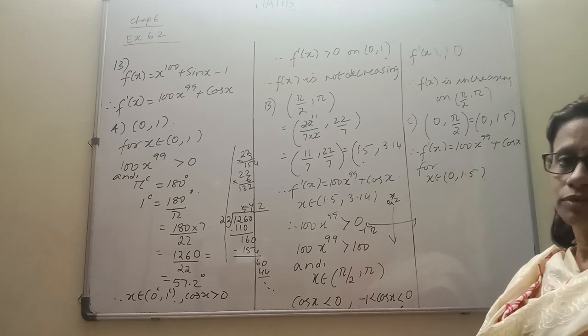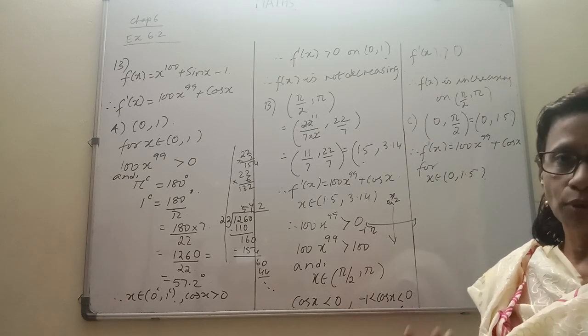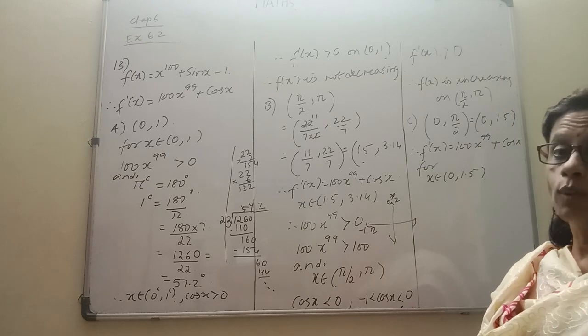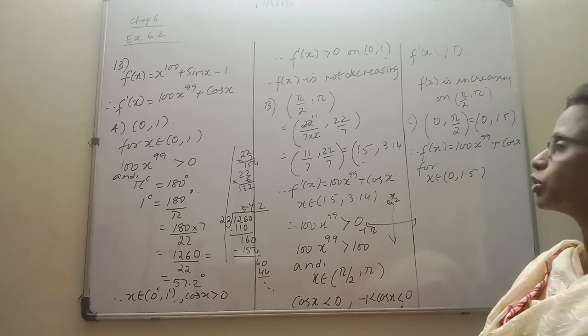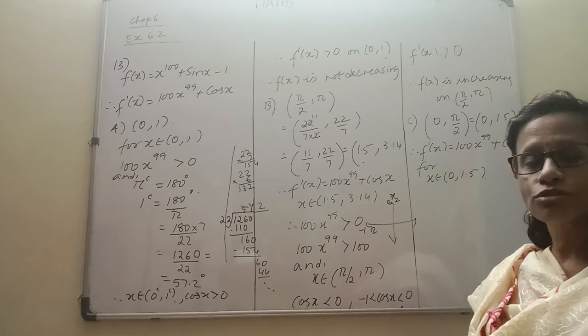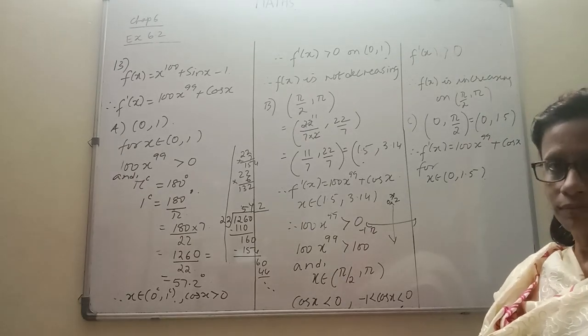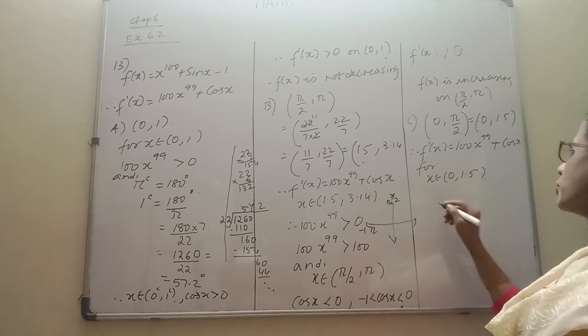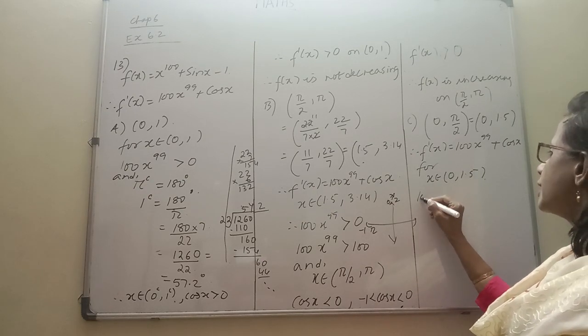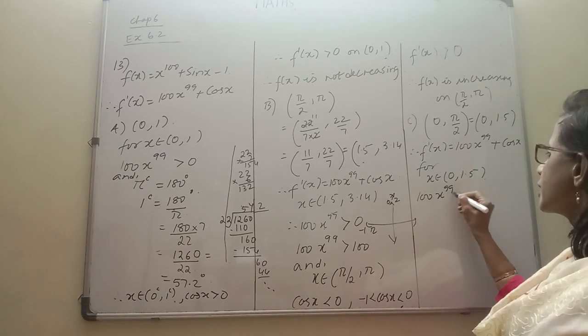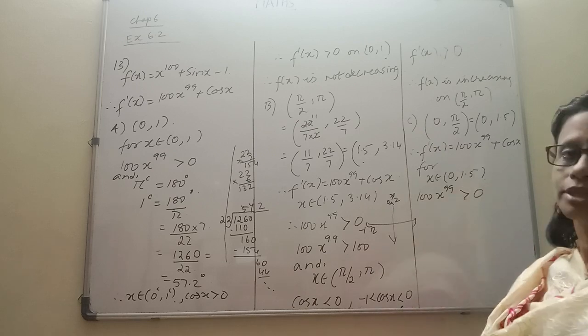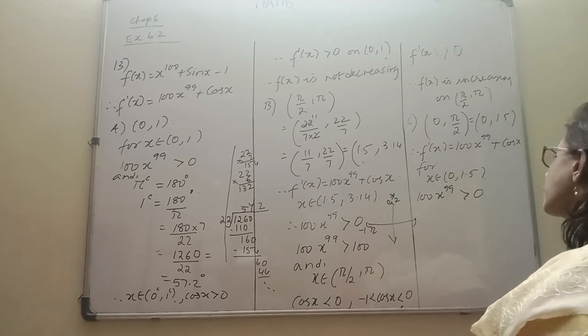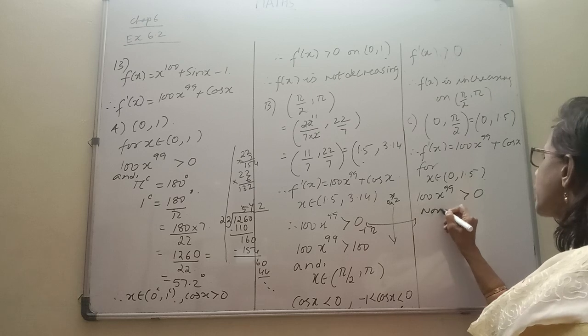You can take 0.1, 0.2, 0.3, 1.2, 1.4. Whatever be the value, raised to 99 it is going to be positive, and multiplied by 100 it is definitely positive. So 100 into x raised to 99 is definitely a positive value in this range.